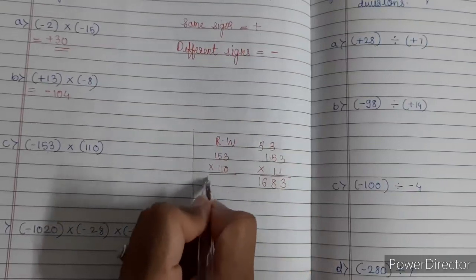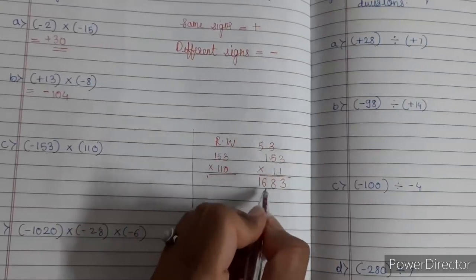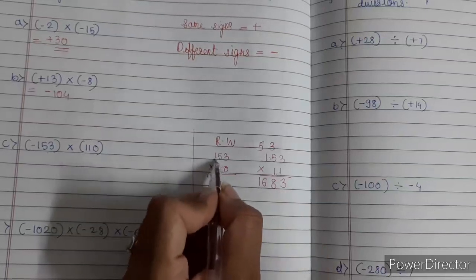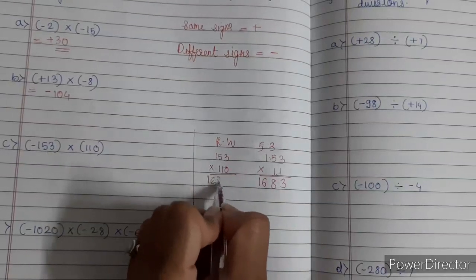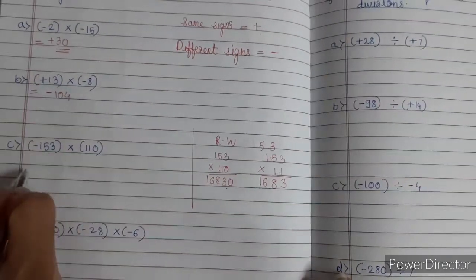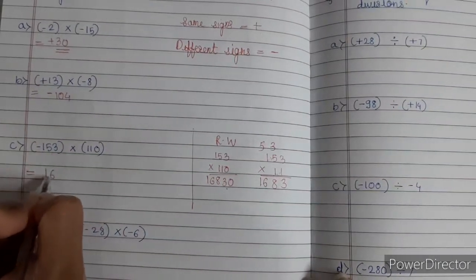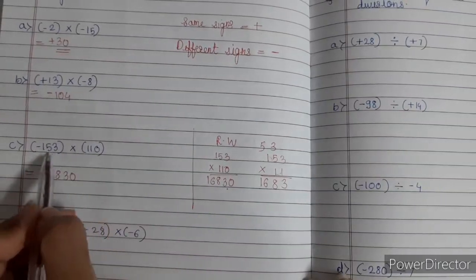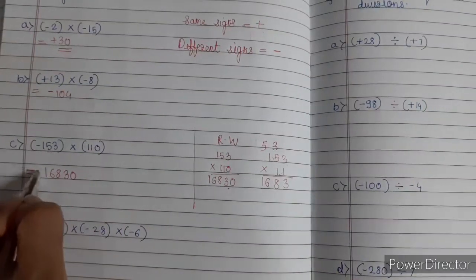So when I multiply 153 into 11, I get 1683, and when I multiply 153 into 110, I have to simply put a 0. So my answer will be 16830, and both of them have different signs, so our answer must be negative.